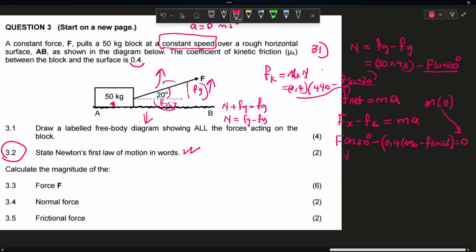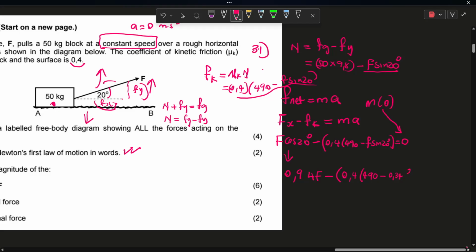Now, what is it that you need to do? Let's solve it. Let me write it like this: 0.4 into 490 minus, what is sine 20? It's 0.34, so 0.34F, close bracket, and it's equal to 0.